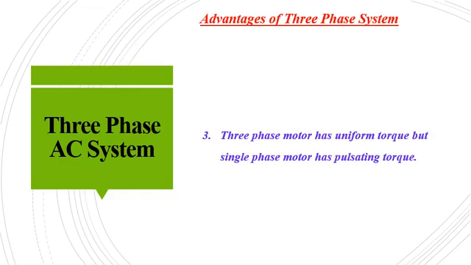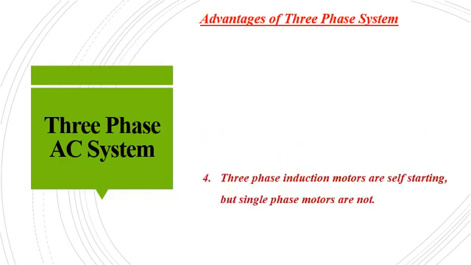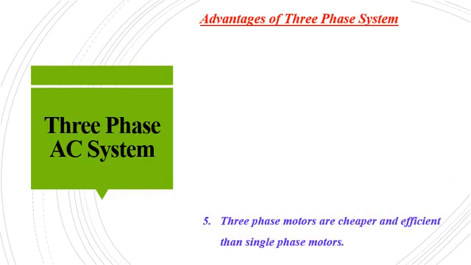That is the fourth advantage when we compare with the three-phase system. Three-phase induction motors are self-starting because the torque generated is rotating, but single-phase motors are not self-starting. Then the fifth advantage is that three-phase motors are cheaper and more efficient when compared with single-phase motors.